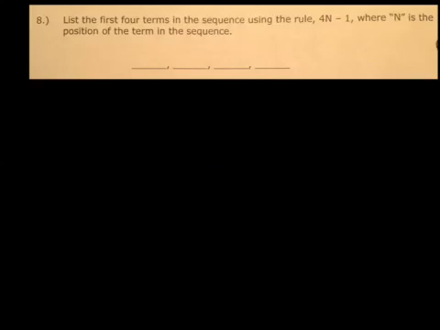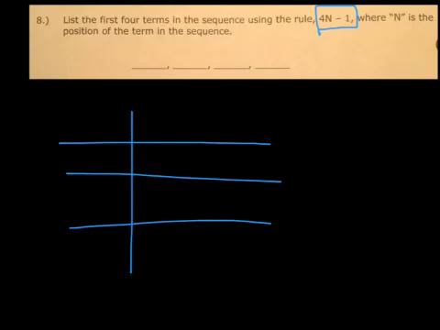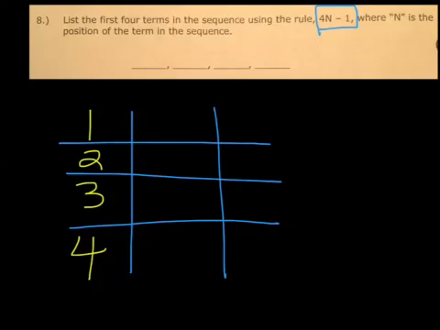Number 8, list the first 4 terms in the sequence using the rule 4n minus 1. N is the position of the term. So if you think about this and we made a chart, I'm going to use the numbers 1, 2, 3, 4. And then the answers I come up with are going to be what I write down in the blanks. So the rule says multiply the number by 4, then subtract 1.